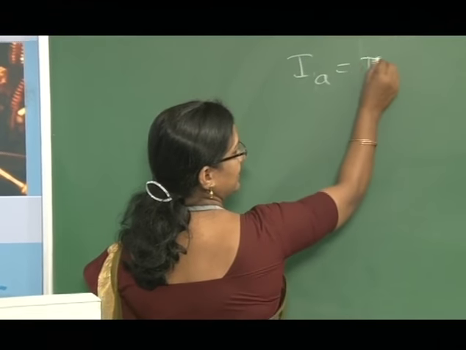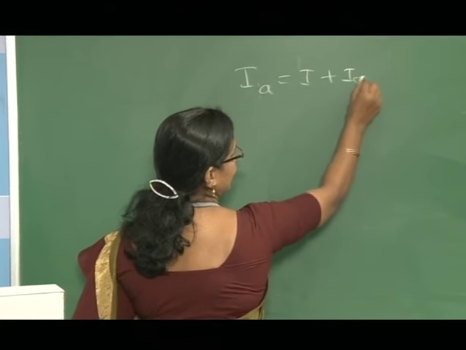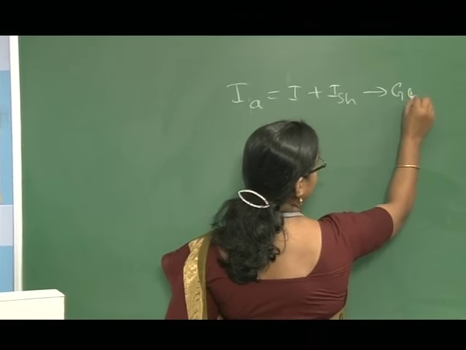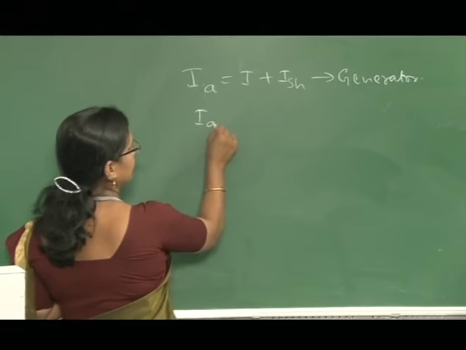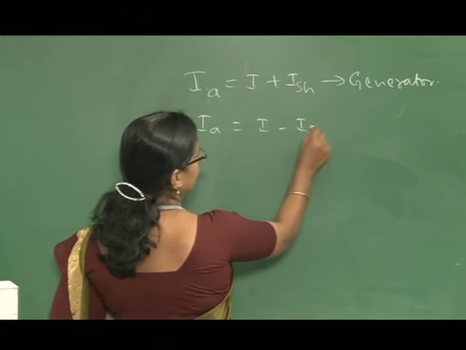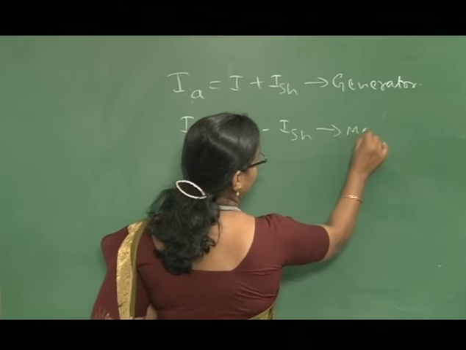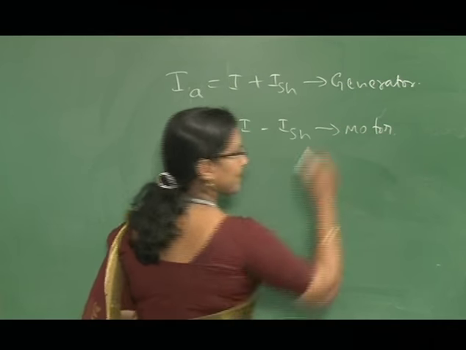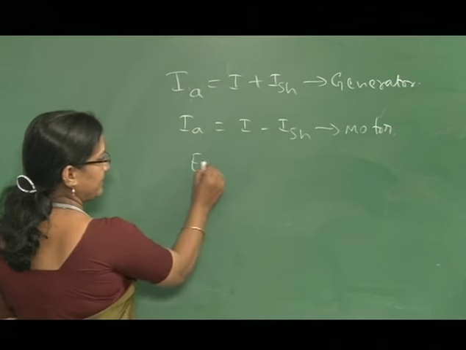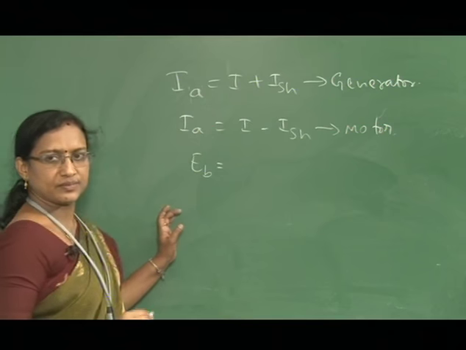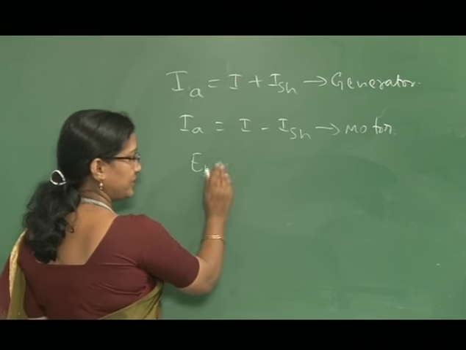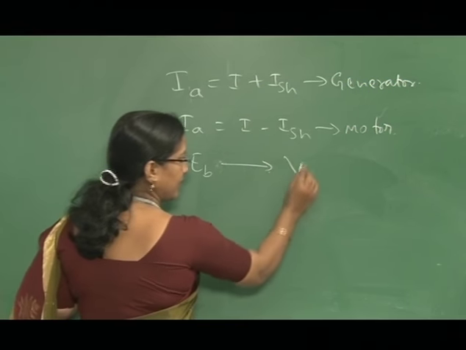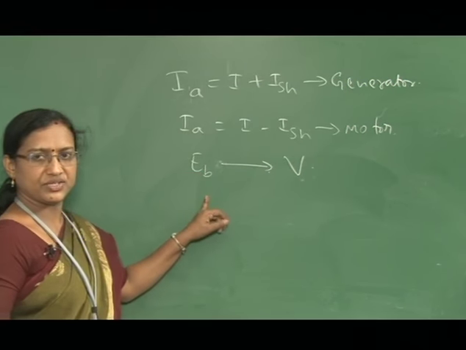This is IA is equal to I plus ISH in case of generator, and IA is equal to I minus ISH in motor. So, the EB equation will be the same in all types of motors and also in generators. The only thing is that the relationship between V and EB changes.